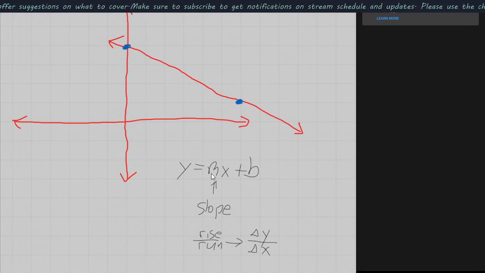Now with coming up with your slope-intercept form equation from a graph, I'm sorry, we also need to talk about b, which is our y-intercept. Our y-intercept, that's where it crosses the y-axis.